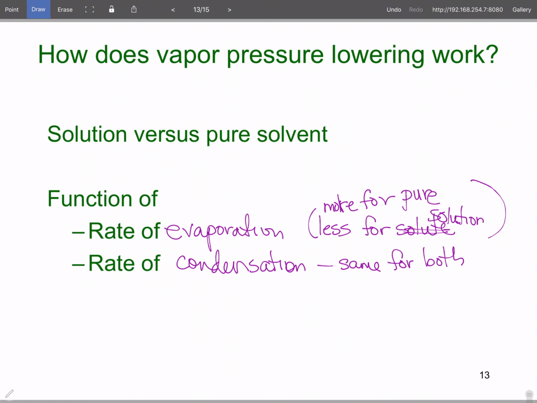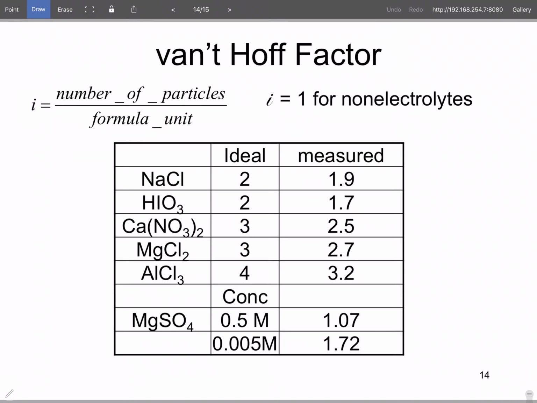Now, the other factor you have to remember or think about when this occurs is that not everything is going to separate ideally. So, for example, if we look at these two species right here, we've got sodium chloride and HIO3. Ideally, they should separate into 2 particles.